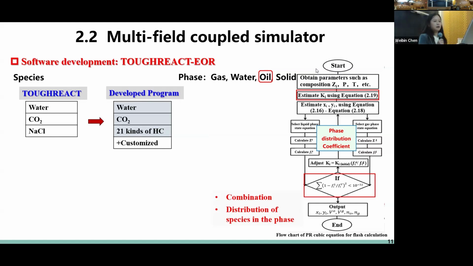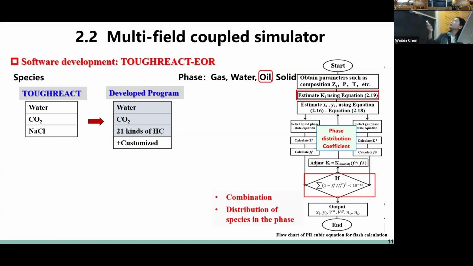This software is published by the Lawrence Berkeley Lab, and was also written by my PhD director, Tianfu Xu. My work, under this TOUGHREACT, is to introduce the oil phase into this program. In TOUGHREACT, the species include water, CO2, and the last one represents the rock. If we want to introduce the oil phase, we add many kinds of hydrocarbons, and the rock becomes a boundary of our model.